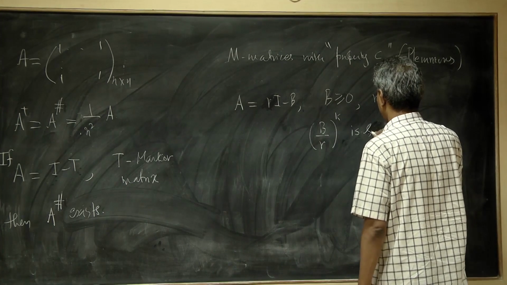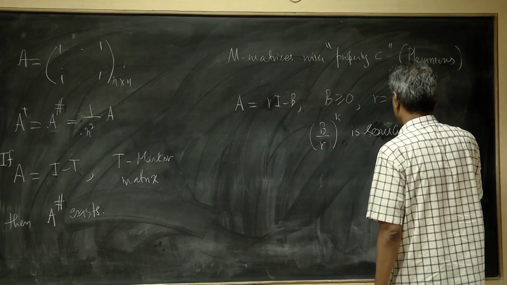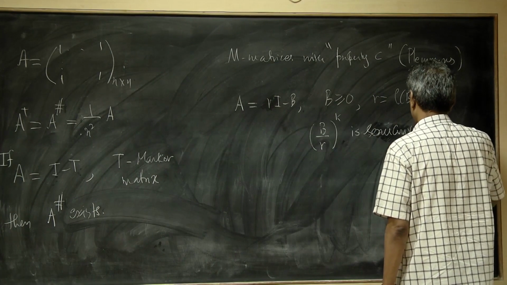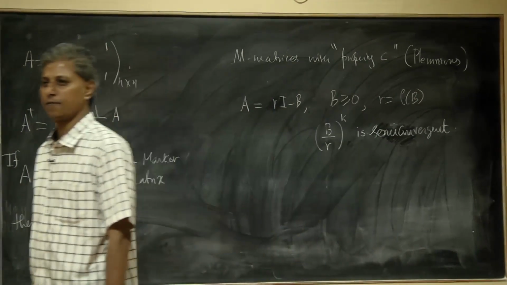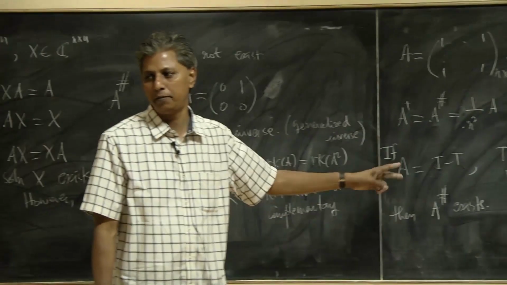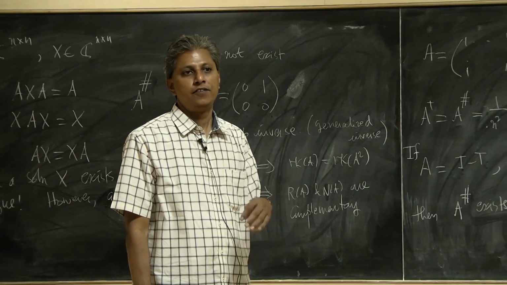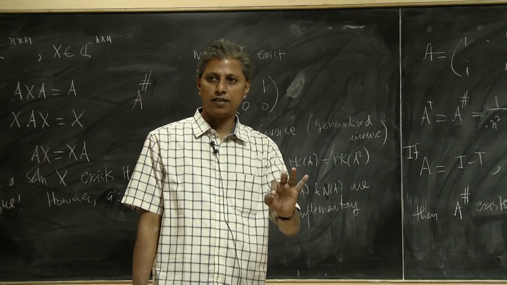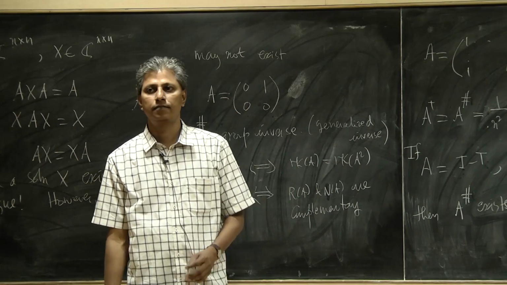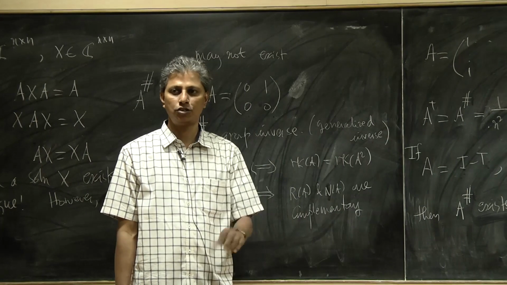The word is semi-convergent. This is the definition. So I want you to look at how this is related to the invertible M matrix case. If it's an invertible M matrix, you can write it as RI minus B, where R is strictly greater than the spectral radius of B. B is of course non-negative.